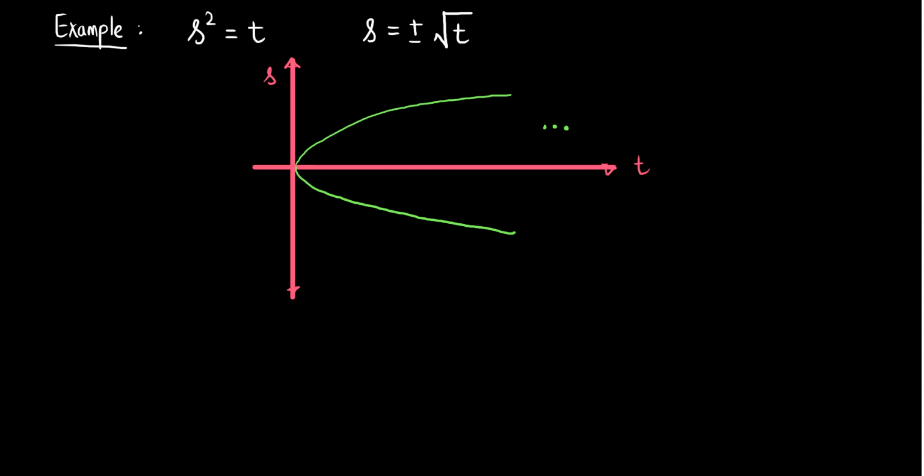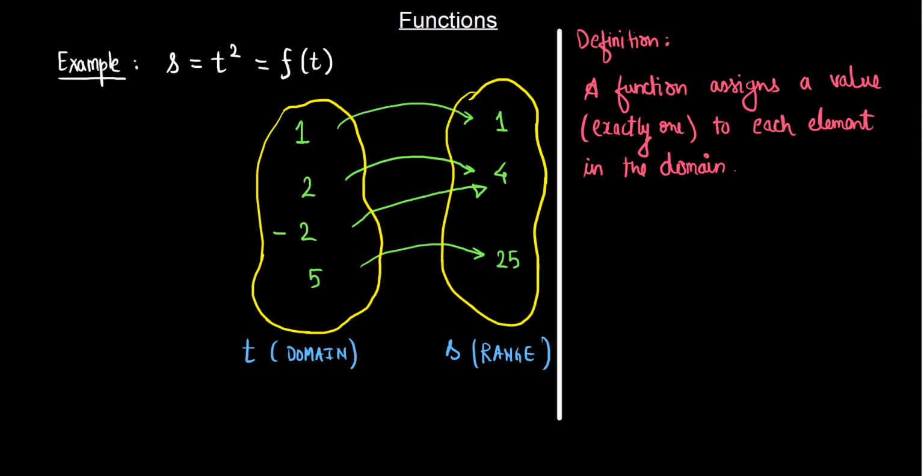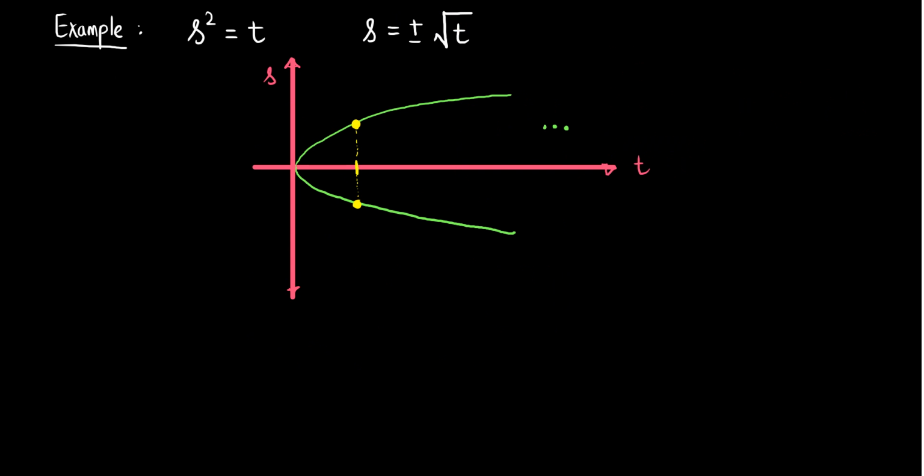We may see that here a value in the domain t is getting mapped to two values. This is not allowed. We have seen that in the previous slide: a function has to assign exactly one value to each element in the domain. However, that is not the case in this second example.